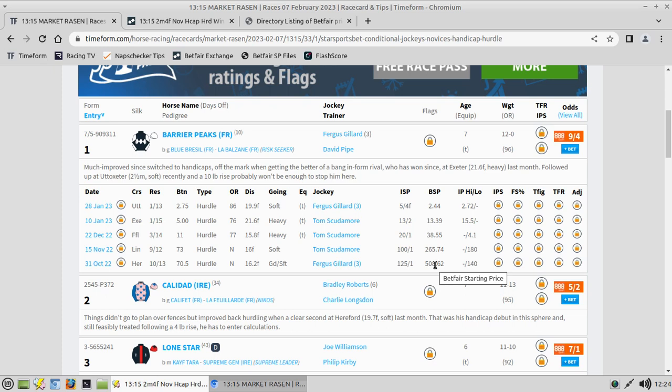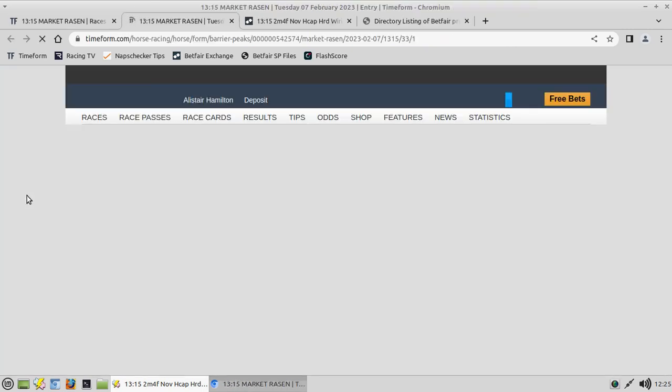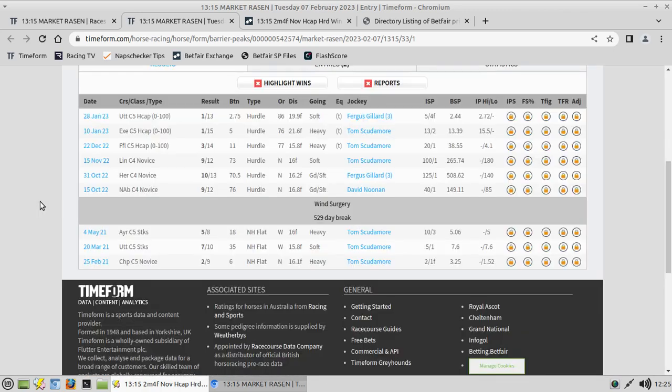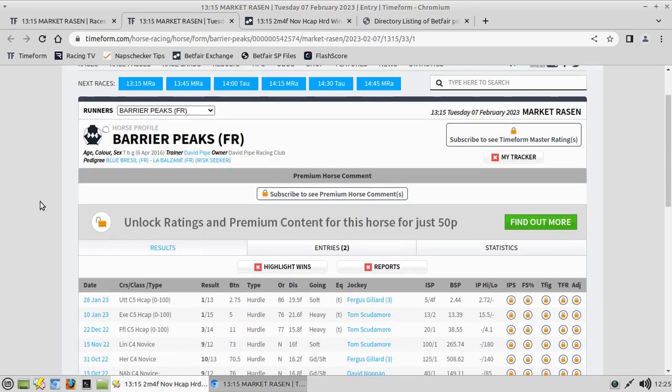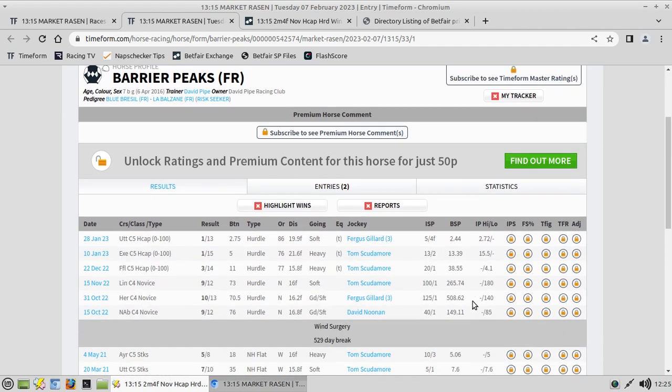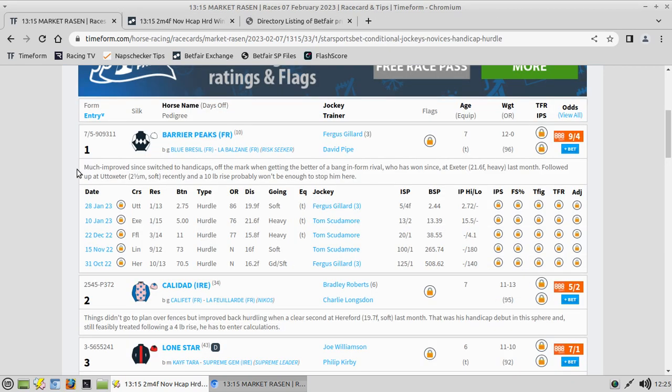The further back in time you go, in my opinion, the less relevant the data will be, although you can get more data simply by clicking on the horse's name. That'll go off into Timeform, dig in deeper and list all the runs that this horse has had. But generally speaking, just look at the last 5 races.